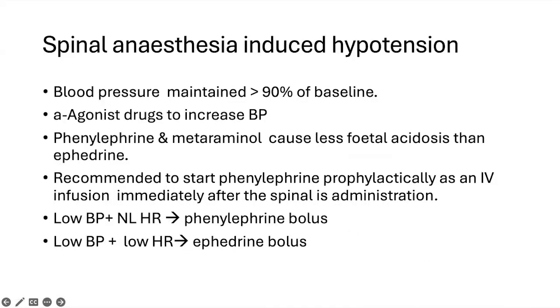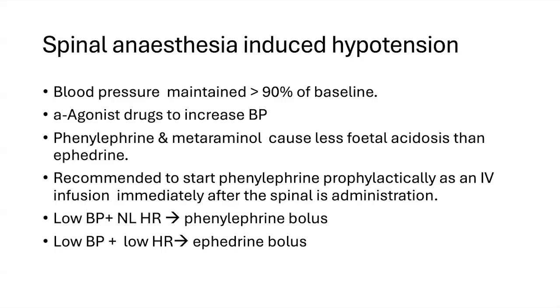So we all have encountered this problem. With a spinal anesthetic, there is a pressure drop. We can accommodate a pressure drop up to 90% of the baseline, but otherwise we have to go for alpha agonist drugs to increase the blood pressure. The best drugs that are recommended are phenylephrine and metaraminol, which will not cause fetal acidosis.